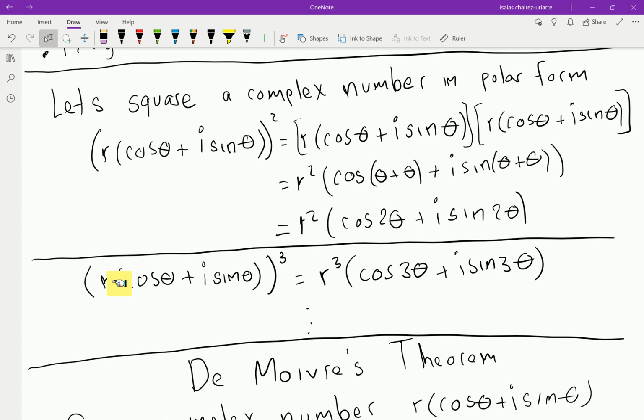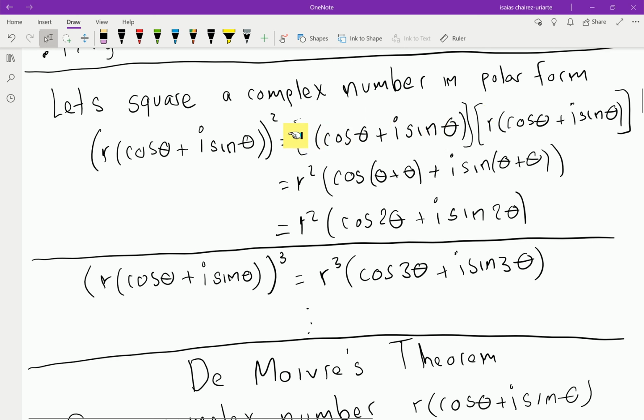Before we find roots, let's first just raise complex numbers to a power. Right now what I want to do is square complex numbers, raise them to the second power. Imagine I was given a complex number in polar form, r cosine theta plus I sine theta. I want to square that. To square it just means it multiplies by itself, and we know how to multiply complex numbers in polar form.